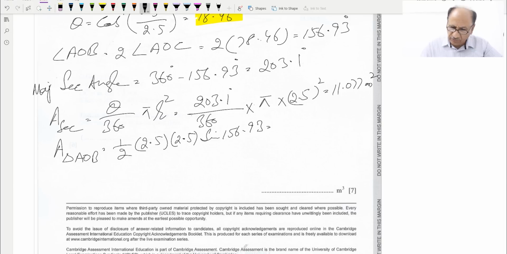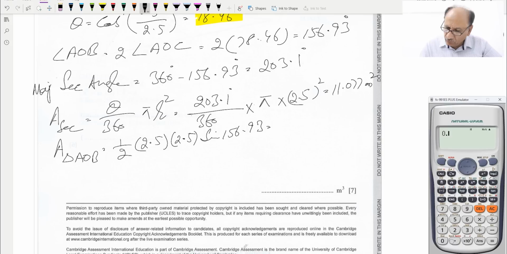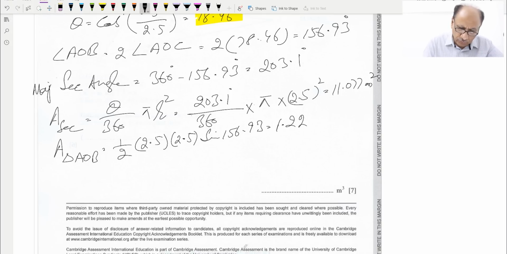If we calculate this, it will be equal to 1.22 meters squared.